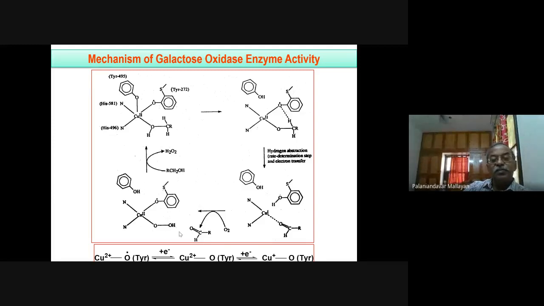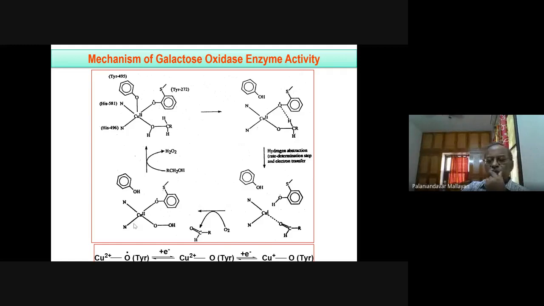So this one is undergoing scission again. The bond undergoes scission, and then you get hydrogen peroxide, right? Hydrogen peroxide is liberated. So the oxygen that we supply is used to bind to copper directly and get activated because you have a vacant site generated here, right? So that is activated, and you get the rearrangements. So you get this type of oxidation, right?